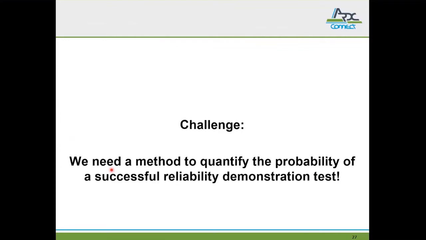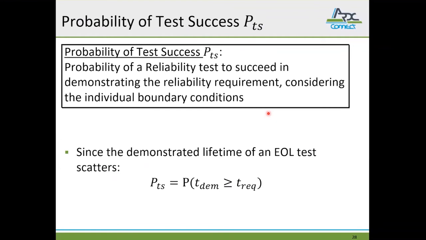Like Martin said, the challenge here is to find a method to quantify the chance of success to be able to actually demonstrate the required reliability. And we're going to do it by the measurement named probability of test success. You already know by the title of this webinar, of course. The probability of test success is exactly what we want.